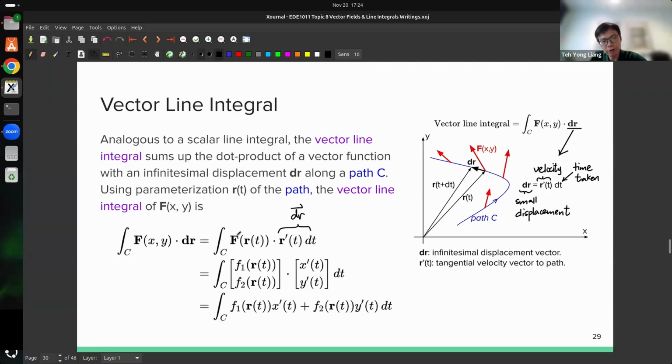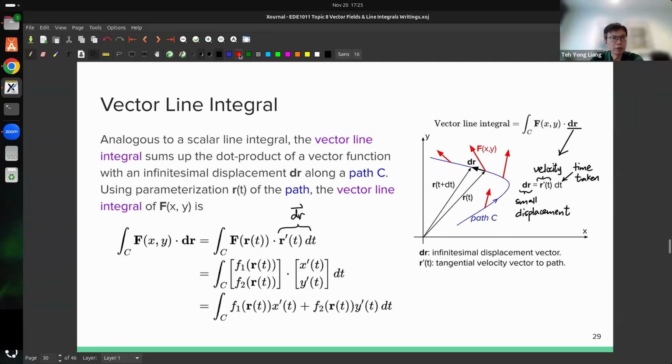You see, F, the vector field, in red. I just drew a few arrows along the path. In fact, the vector field is everywhere. At every point x, y, you see some arrow. I give you a point x, y, you can always calculate the x and y components, so you can draw the arrow as demonstrated in the earlier class.